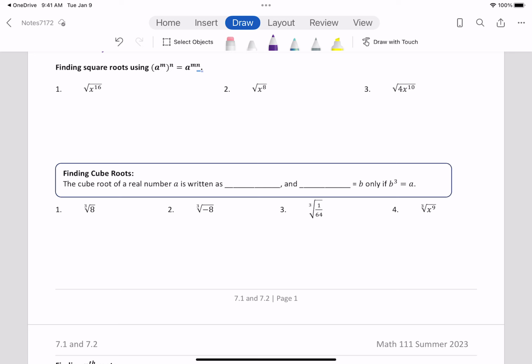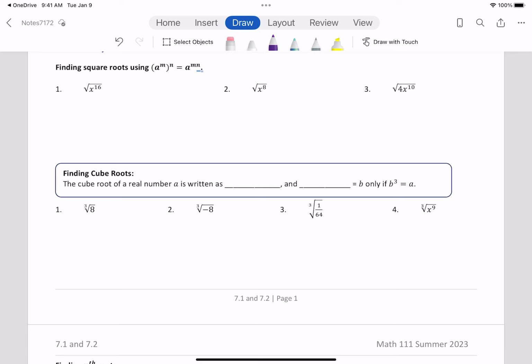Alright, for the next one, this is where I was talking about the stuff from those first problems that we were going to complicate because we were going to need it, and we're going to need it here, and we're going to need it in many of the sections to come in this chapter. So if I want to take the square root of x to the 16th, then I need a way to figure out how I can simplify that.